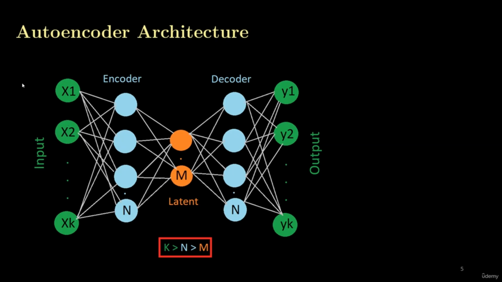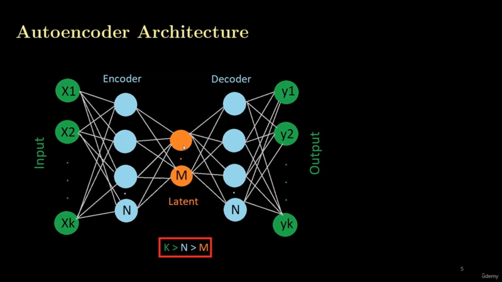So basically what happens in autoencoder, when we apply input to the autoencoder, first comes the working of the encoder layer. Encoder layer encodes the information from k dimension to n dimension. Initially, the dimension of the input data is k. So with the help of encoder, we not only encode the information, we not only extract the features from the input data, but we also reduce the dimension of the data from k to n.